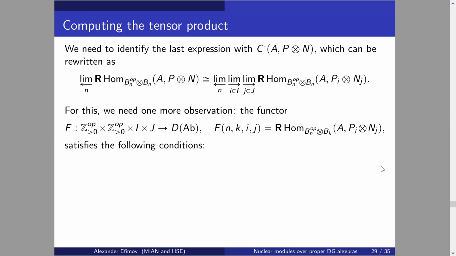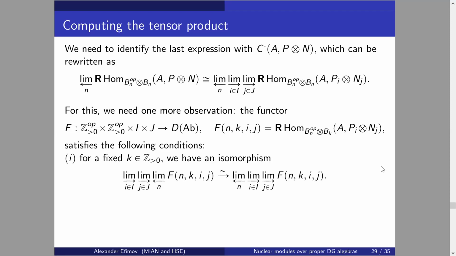Then all you need is just one more observation: if you consider this functor from two copies of positive integers cross I cross J to complexes of abelian groups, then it satisfies the following condition.